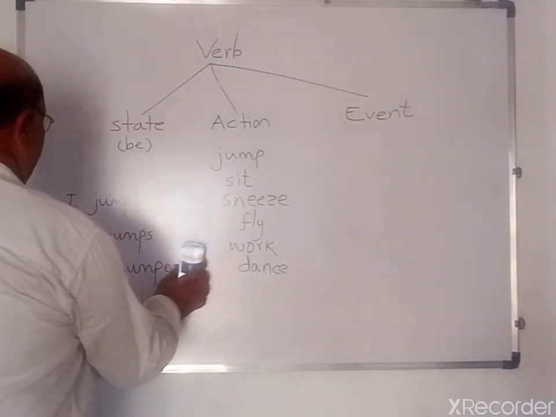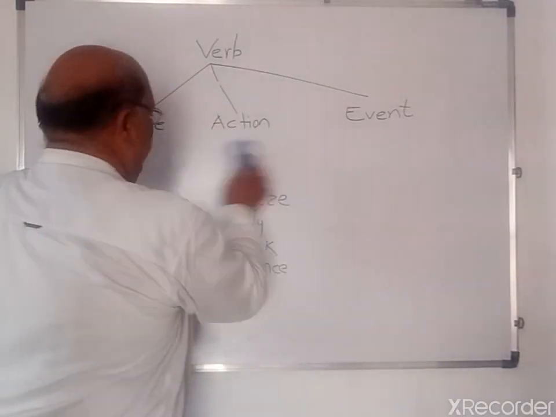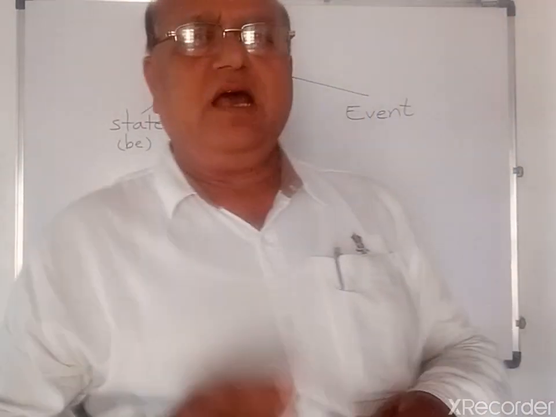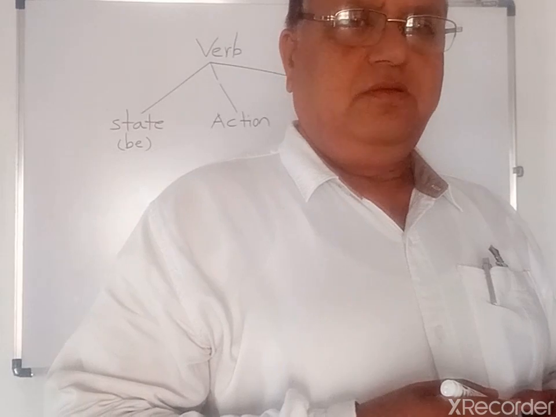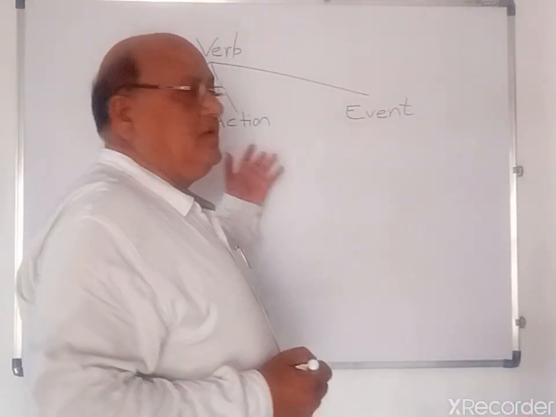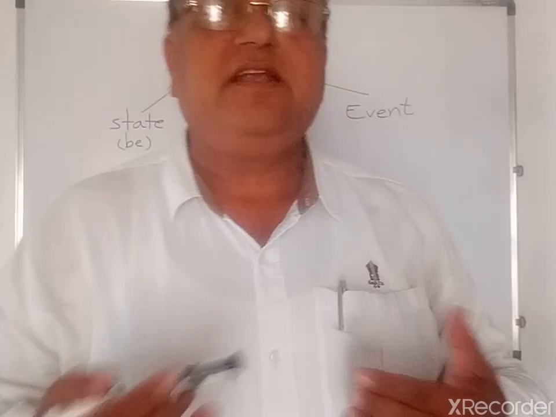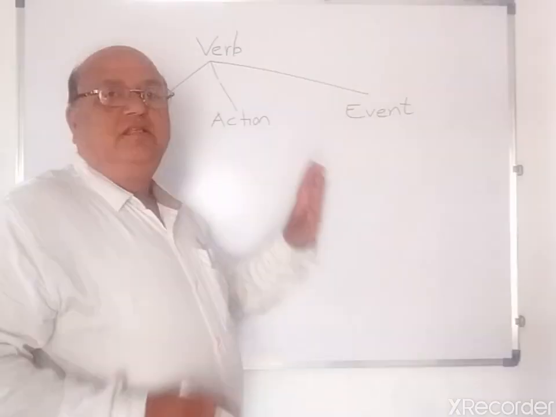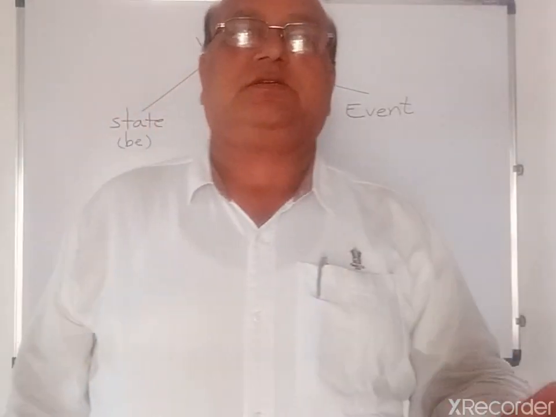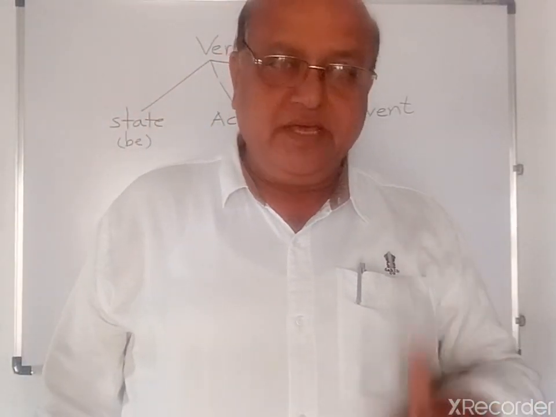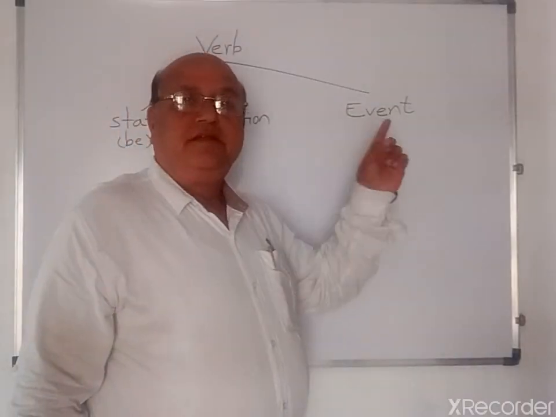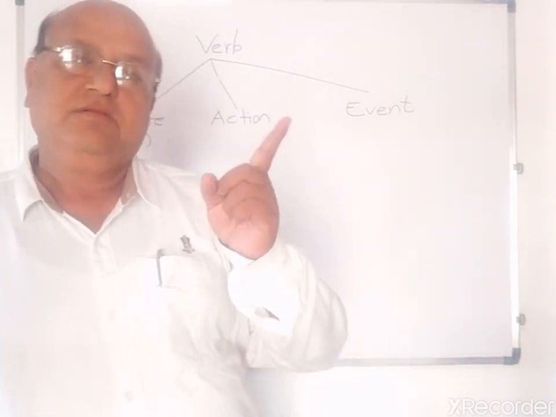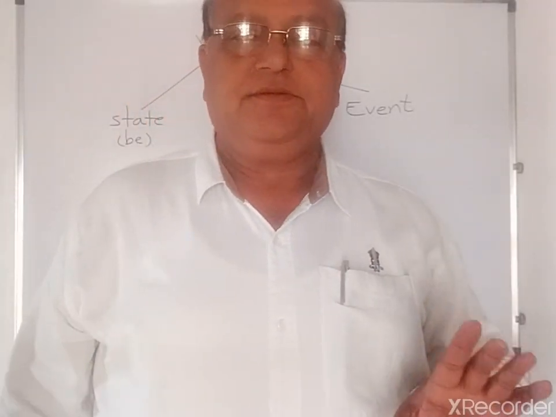Come to event verb. Event verbs are of two types, and action verbs are generally intransitive. Action verbs are generally intransitive. They do not take any object with it. Whereas the event verb takes object, takes complement with it.